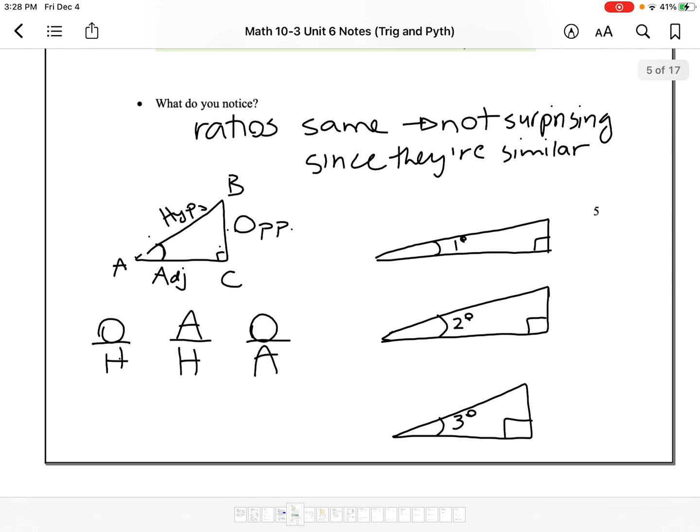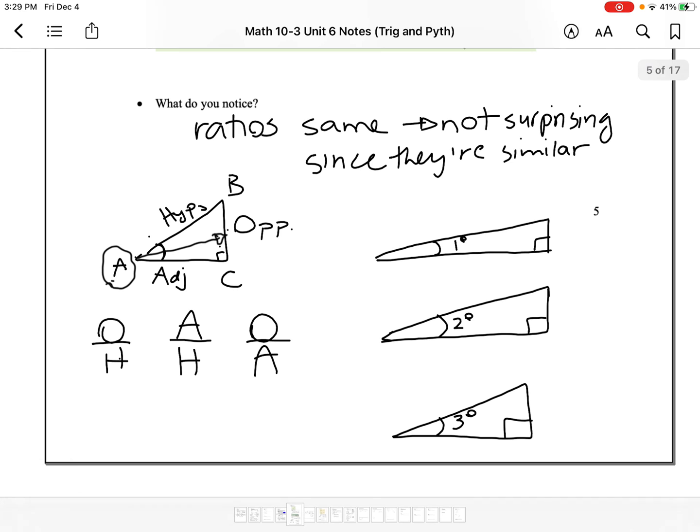So the side opposite to angle A, if you look at where angle A is, here's angle A, it's the side that's across from it. That's the opposite side. And then the adjacent side, adjacent means beside or next to. So the adjacent side is going to be the side that's beside the angle, but that's not the hypotenuse.